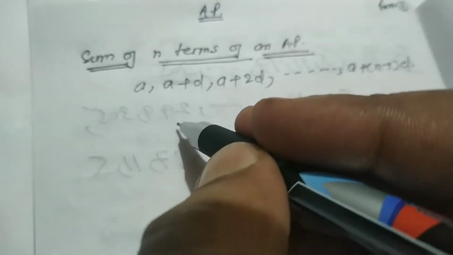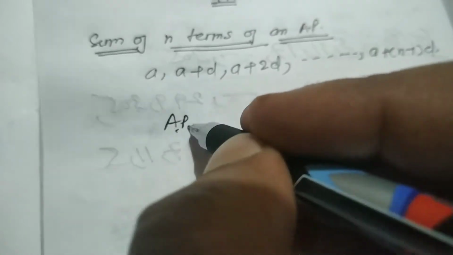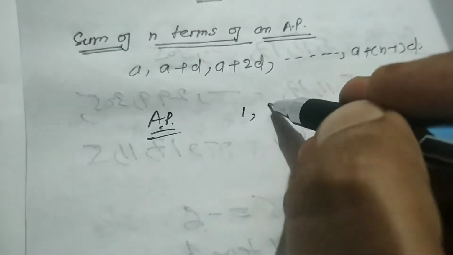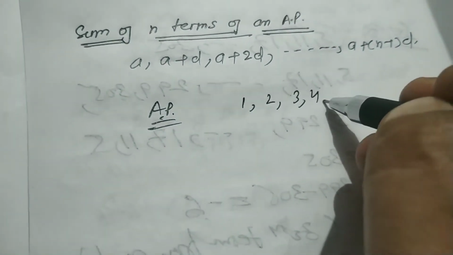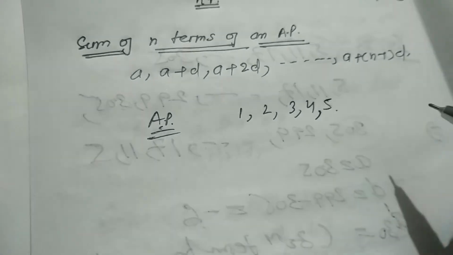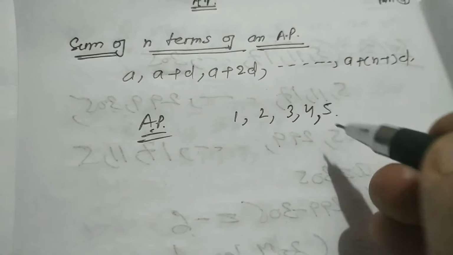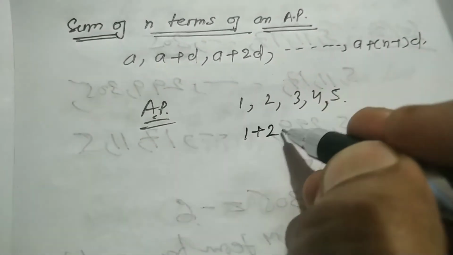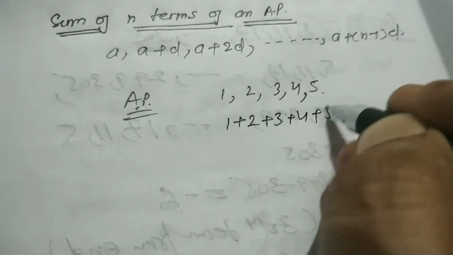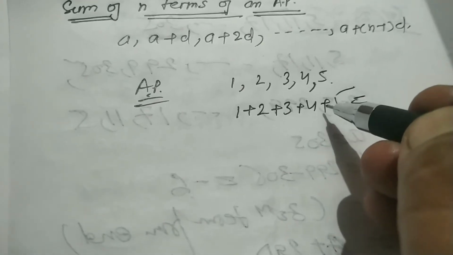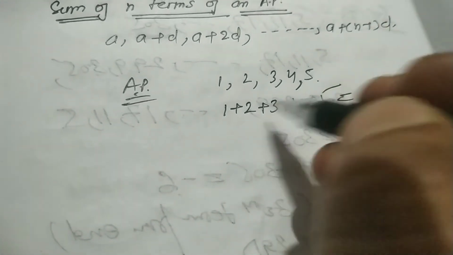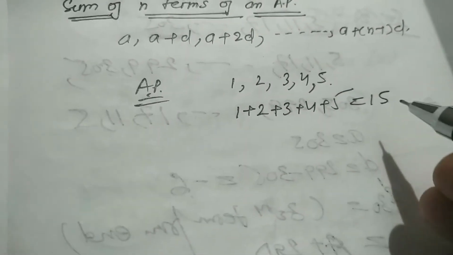If we have an AP like 1, 2, 3, 4, and 5, and you want the sum of all the terms of this AP, we can directly add 1, 2, 3, 4, and 5. This is equal to 15, right?